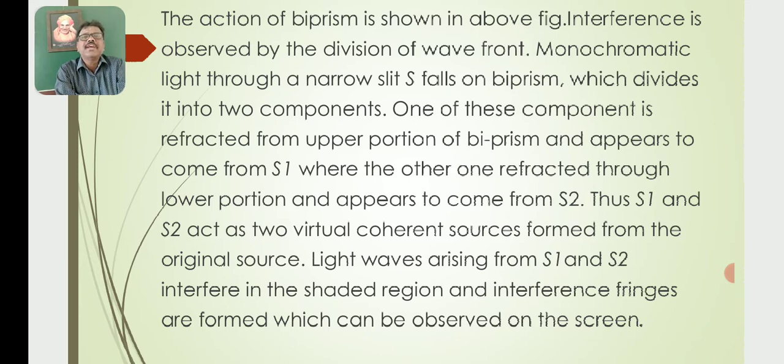Monochromatic light through a narrow slit S falls on the biprism, which divides it into two components. One of these components is refracted from the upper portion of the biprism and appears to come from S1, while the other is refracted through the lower portion and appears to come from S2, where S1 and S2 act as two virtual coherent sources formed from the original source.